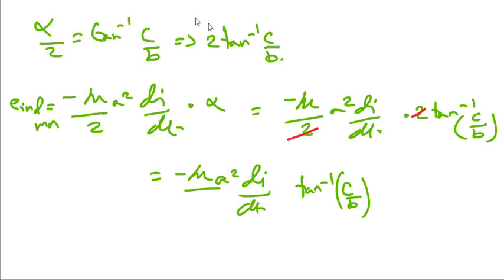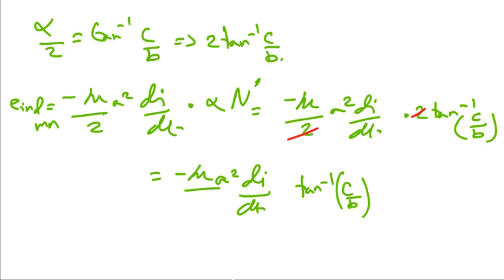I forgot the n prime again. So we have minus mu over 2, where the 2 comes from the circumference equation, a squared di over dt times alpha n prime, a big N prime, which is the number of turns per unit length. We plug back the alpha equation, cancel the 2 out, and you end up with my formula for the segment.